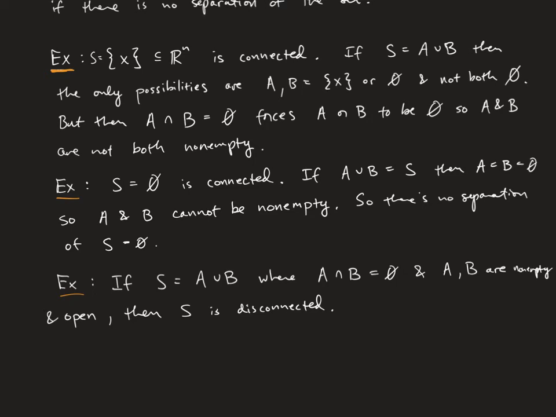So to see this, just take U equal to A and V equal to B. Then A, B are obviously a separation.